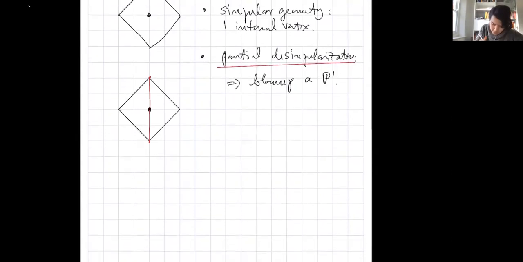And the fully resolved one is where I have a fully finely triangulated toric diagram. And in this case, there's basically no choice. So that's a slightly degenerate case where this resolution is essentially unique. So this is not fully resolved.